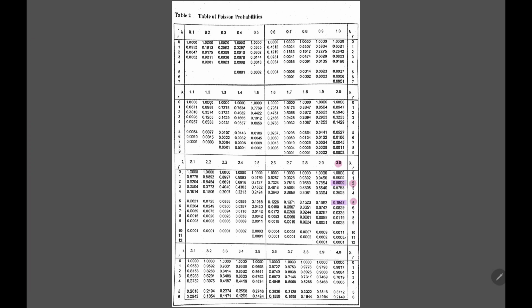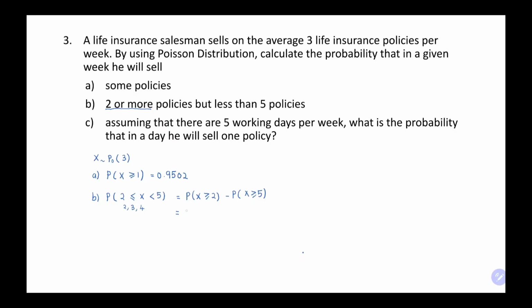We have 0.8009 for 2 and for 5 is 0.1847. Then we copy these two answers. We put here 0.8009, we minus 0.1847. Then we minus, we get the answer 0.6162.